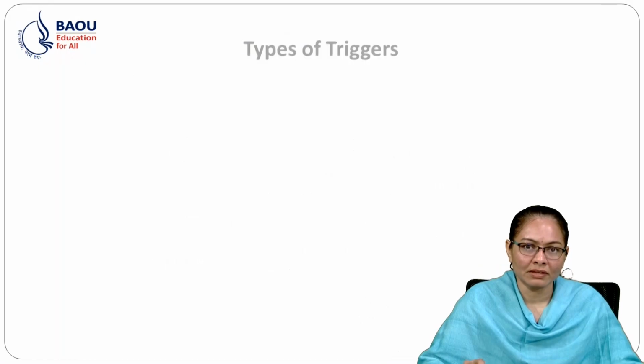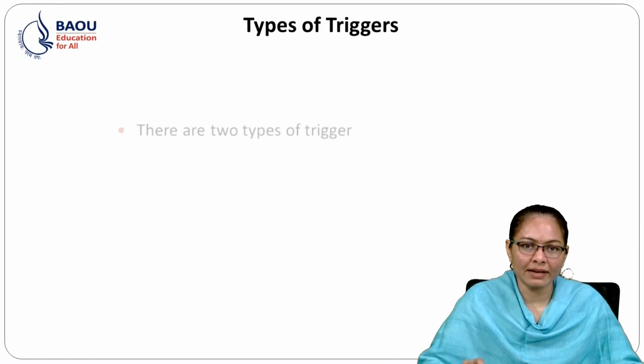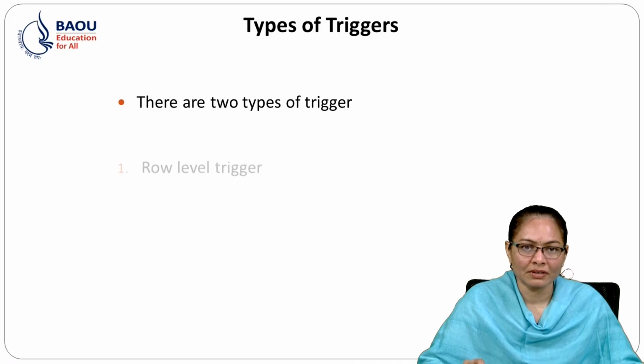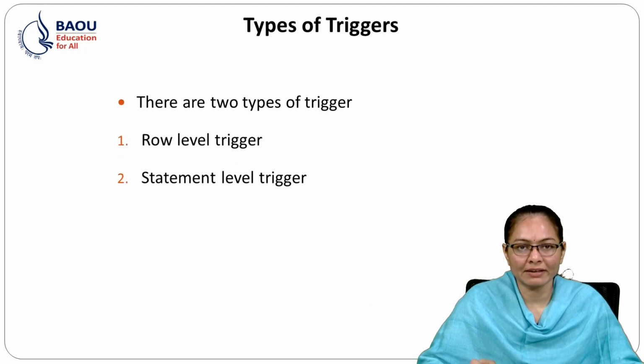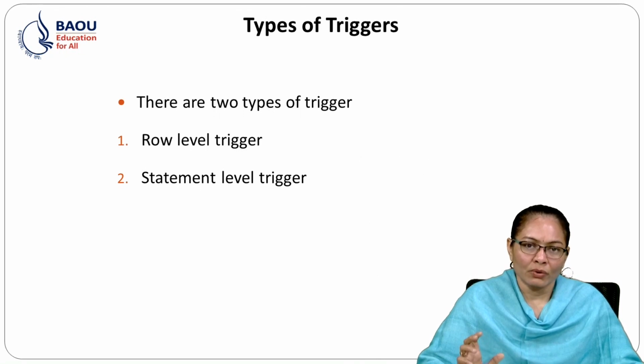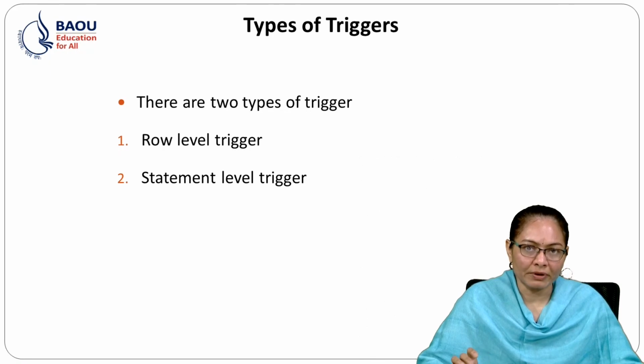Now, the types of trigger. There are two types of trigger. First is the row level trigger and the second one is the statement level trigger. Now, what is a row level trigger? A row level trigger occurs once for each row in a database affected by the particular operation.